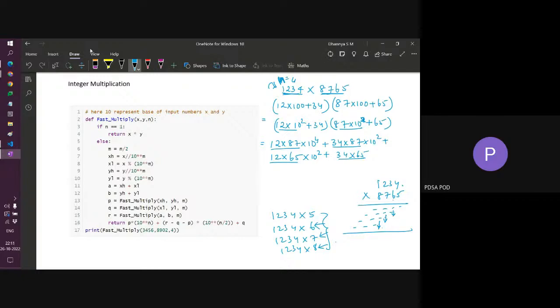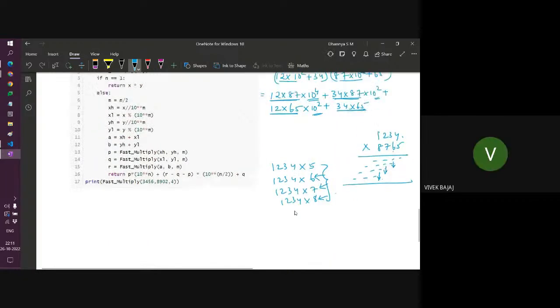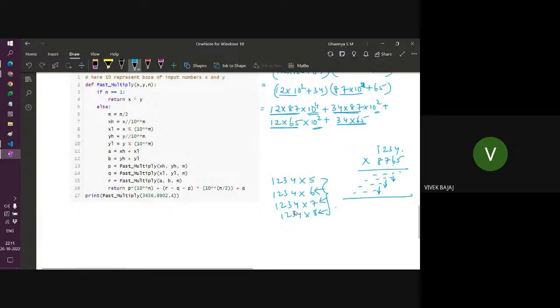So you have brought it to some form like this. Here again we have 4 multiplications, right? With respect to 10 power 4, 10 power 2, 10 power 2, don't worry about it because it's just adding zeros and shifting the digits, especially when it comes to binary. There will be 4 multiplications into the number of times, the length of n. 4 into 4.